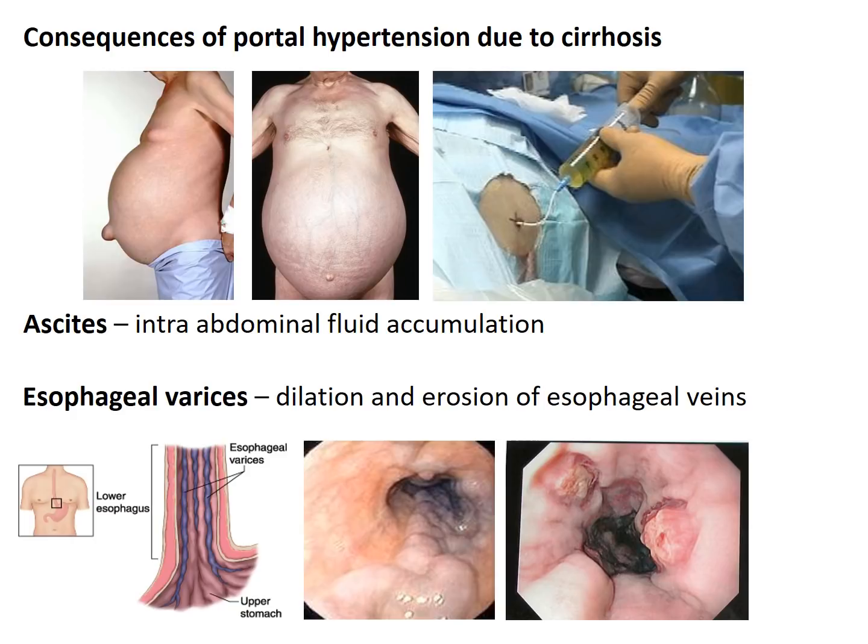And each of these can lead to hemodynamic consequences. So the filling up of fluid in the abdominal cavity is taking fluid out of the intravascular space and third spacing it in the peritoneal cavity. That can lead to low blood pressure and hypovolemic shock. And then the varices, particularly the varices in the esophagus around the stomach, those can rupture and lead to very significant intraluminal GI bleeding.